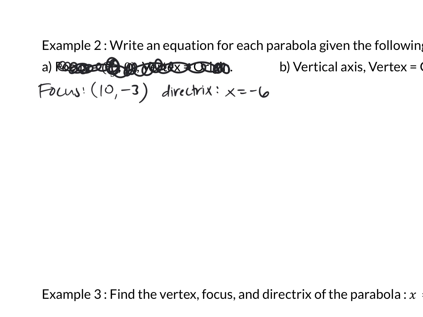Okay, so we gotta draw a sketch. So 10, -3, I'm just gonna sketch that right here. That's my focus.